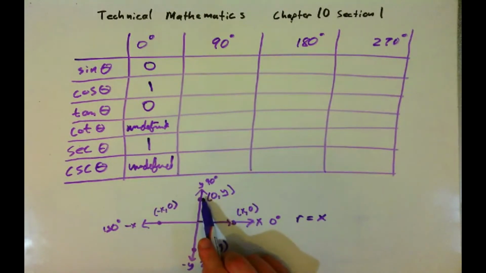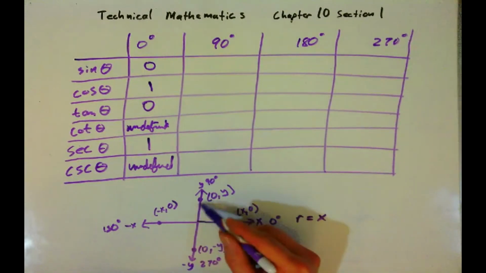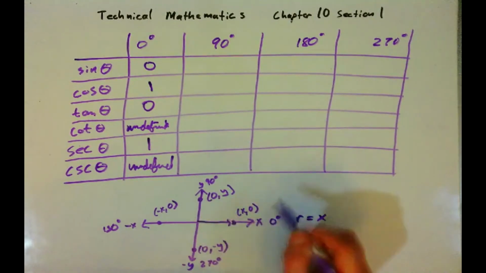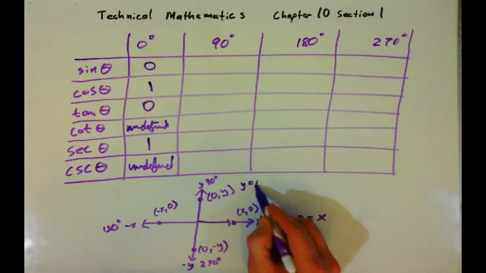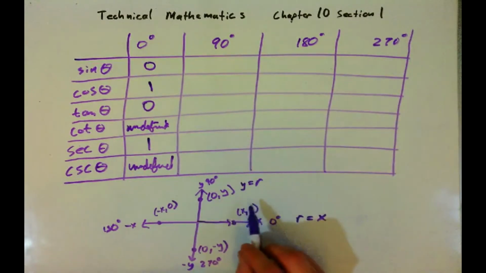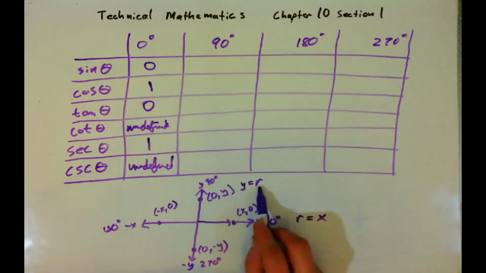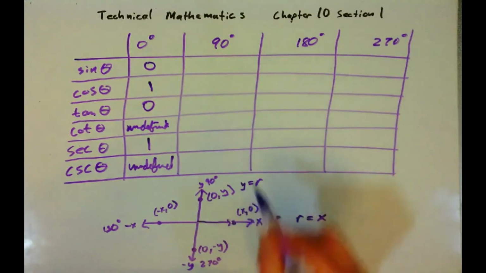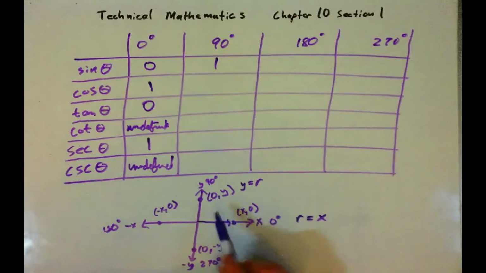Okay, now what about for 90 degrees? What is the sine at 90 degrees? At 90 degrees, the y value is equal to the hypotenuse, and the x value is 0. So the sine is the opposite, or the y value, divided by the hypotenuse, and you can see that they're equal. So when we divide them, we get 1.